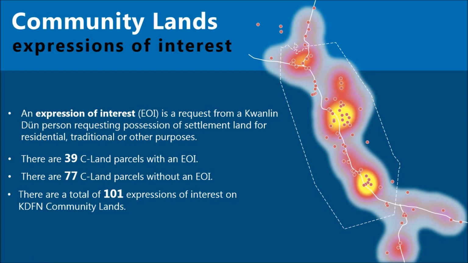Now, when Kwalndun moves to develop its lands, those expressions of interest are going to have to be addressed, and Kwalndun is currently developing policy to do just that. As an interesting fact, there are over 300 expressions of interest on all of Kwalndun settlement lands, including the community lands and Kwalndun's rural lands outside of the city limits.